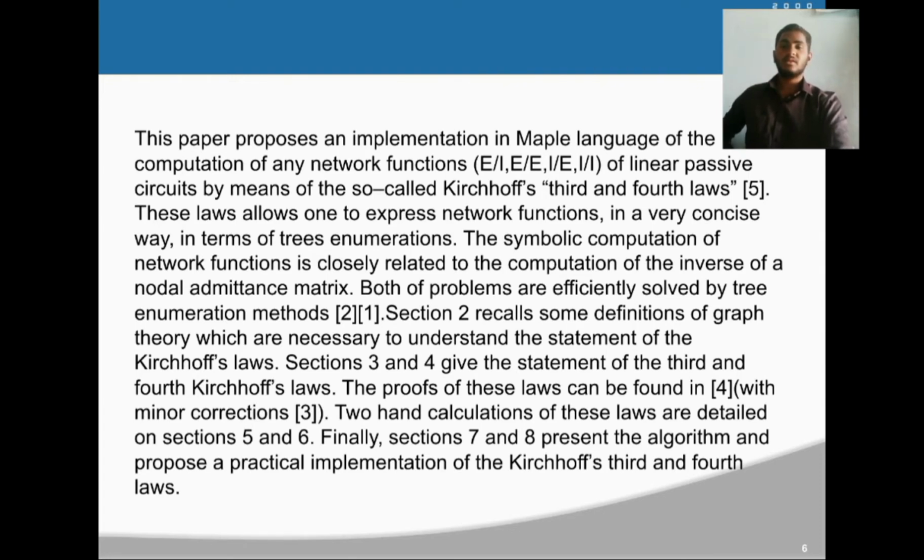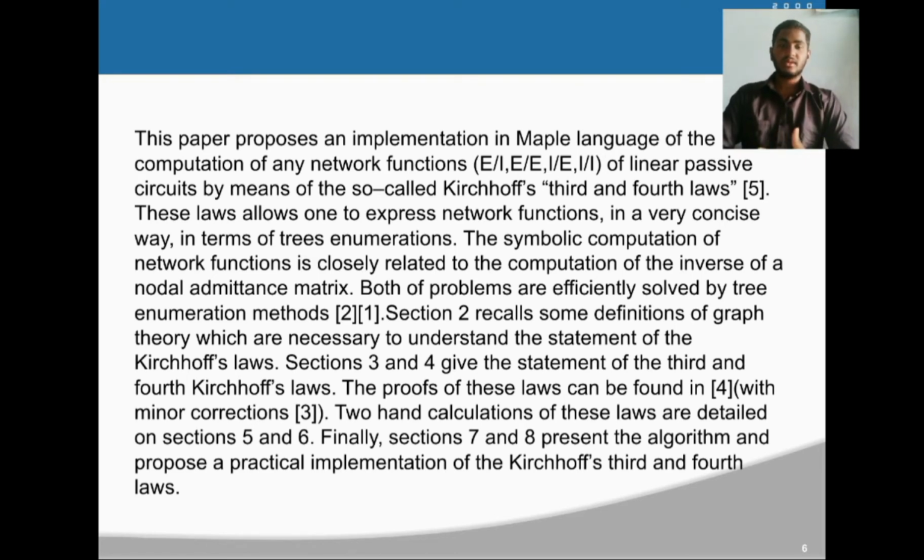These laws allow one to express network functions in a very concise way in terms of tree enumerations. The symbolic computation of network functions is closely related to the computation of the inverse of a nodal admittance matrix. Both problems are effectively solved by tree enumeration methods.